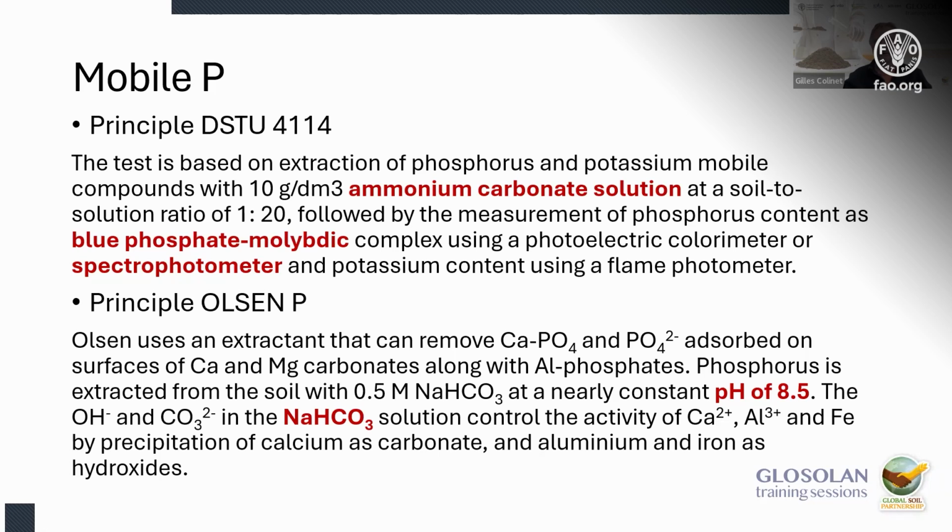Phosphorus can bind strongly to them. So the idea is to put the bicarbonate to precipitate calcium as the carbonate, the aluminium and the iron as hydroxides, and the phosphorus stays in the solution.